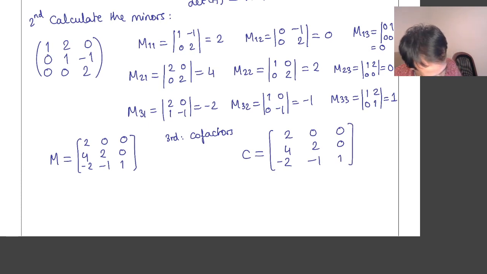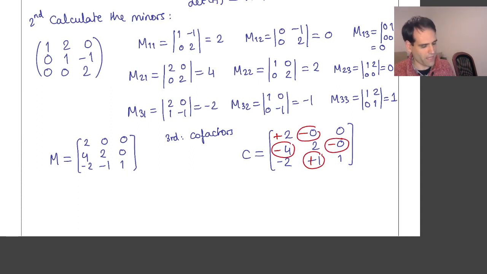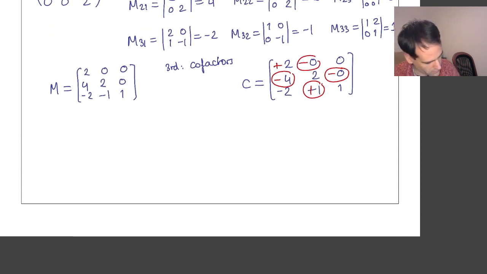And now I'm going to change the sign. We start with a plus sign on the top left, and then we change the signs like this: minus, minus. This one stays the same. We change this one to a plus, and this one to a minus. So we change the sign of these elements. Therefore, the matrix of cofactors is simply the one I have written there.